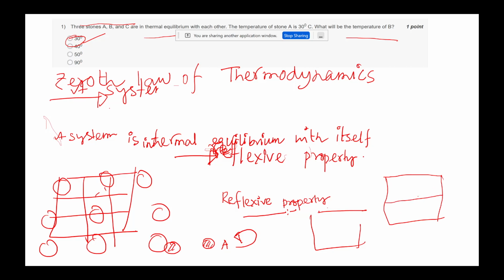And let's say that variable T is for this whole system A, and these are the subdivided systems. T is also the same for these, okay? This is what I meant.